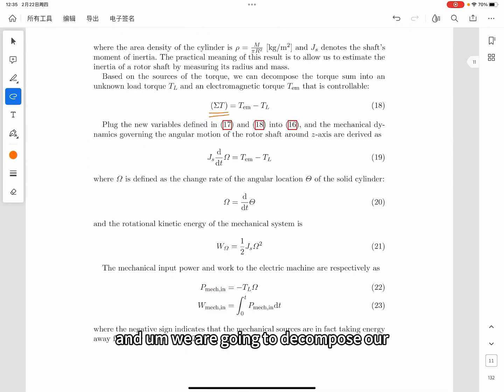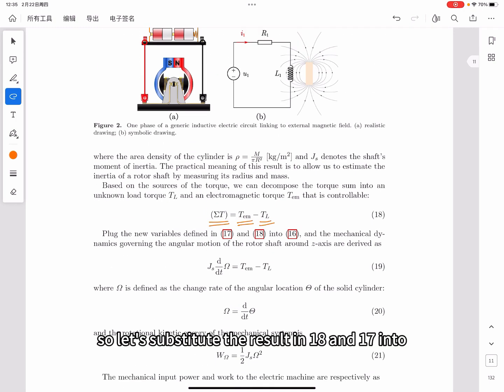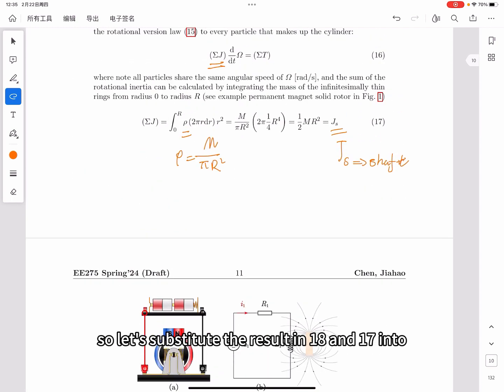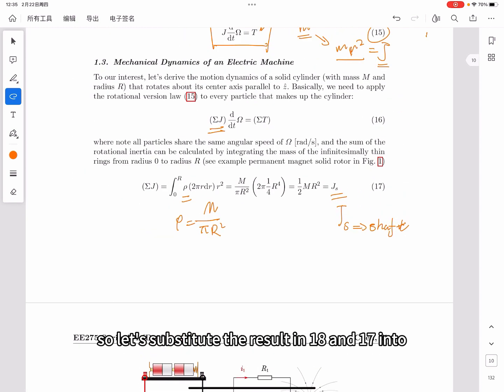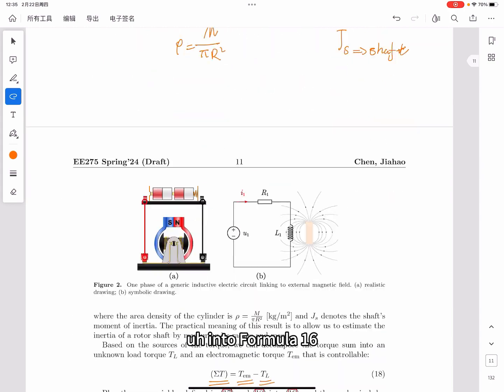And we are going to decompose our sum of torque into two kinds, from two different sources. They are electromagnetic torque and load torque. So let's substitute the results in 18 and 17 into formula 16.